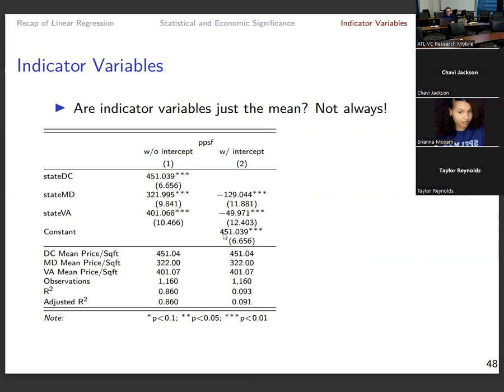The base is going to be DC, and you can see that as we're comparing the numbers here.